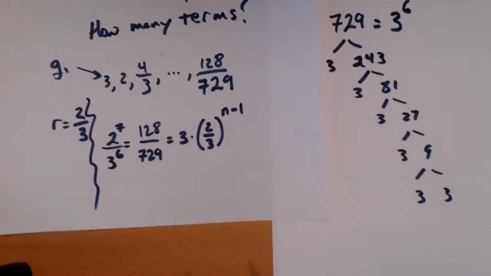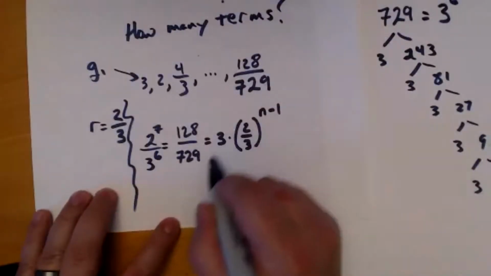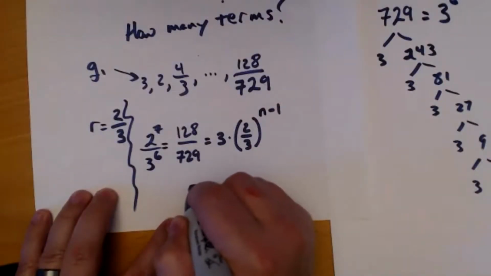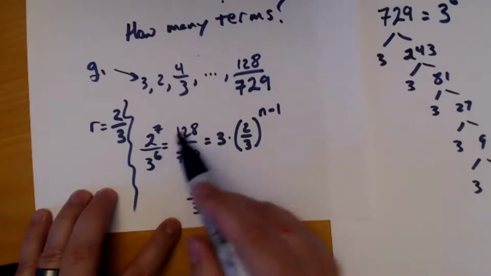Okay. Now, what's great is that the answer almost pops out by itself. Divide this 3 over here. Now they both have a power of 7.